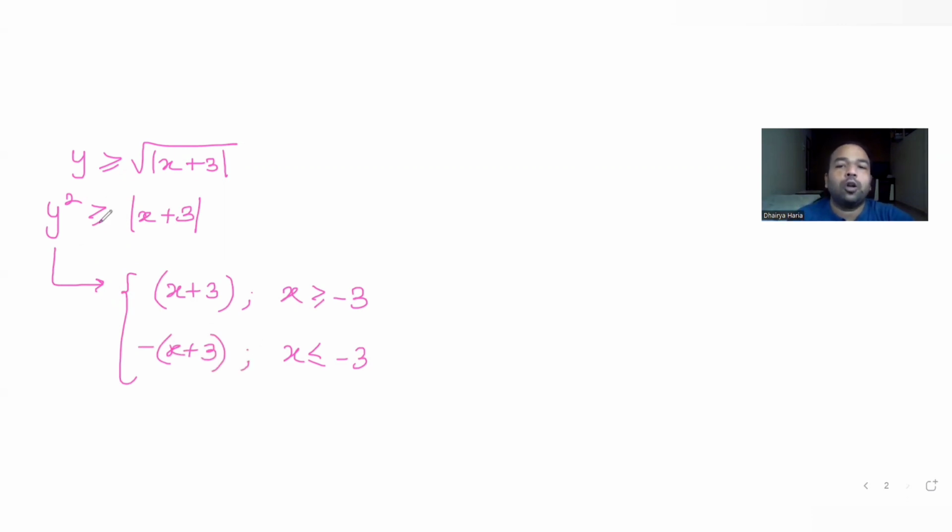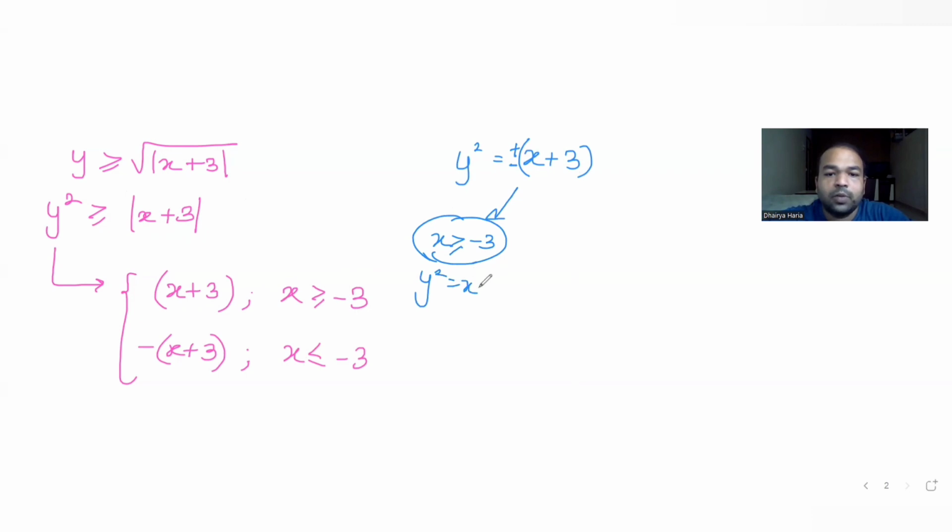First of all, to plot the inequality, if I remove the sign of equality and plot equal to, I get y square is equal to x plus 3 or minus of x plus 3. So for x greater than or equal to minus 3, you get y square equal to x plus 3.